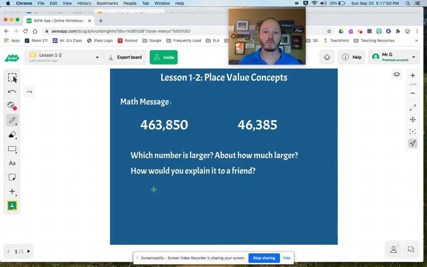Okay, so which number is larger? Well, I hope that you recognize that this number had 6 digits and this number had 5 digits. And we remember what digits are from our conversation on Friday about how they are the symbols that make up numbers. They're kind of like how letters make up words.